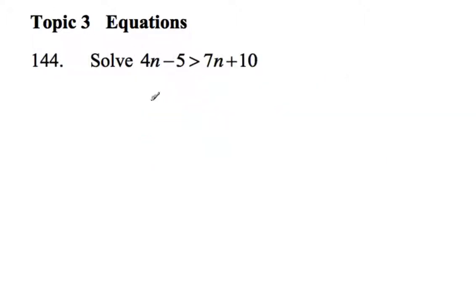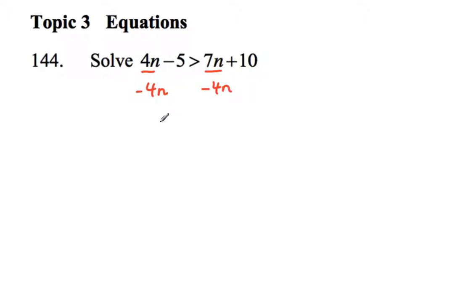On this one now, if this was a normal equation, our first step would be to move the smaller letter term first. And can you see that out of those two letter terms, it's the 4n that's the smallest. So let's start off by minusing 4n both sides.